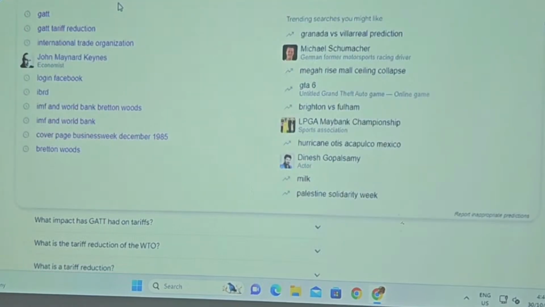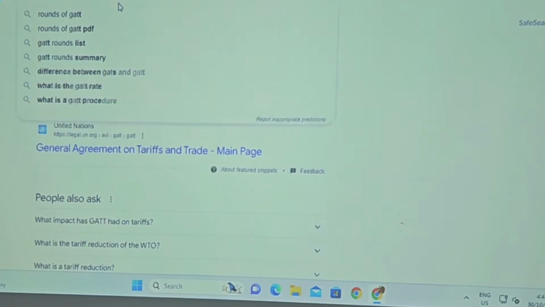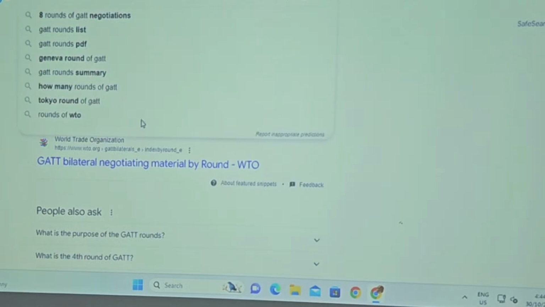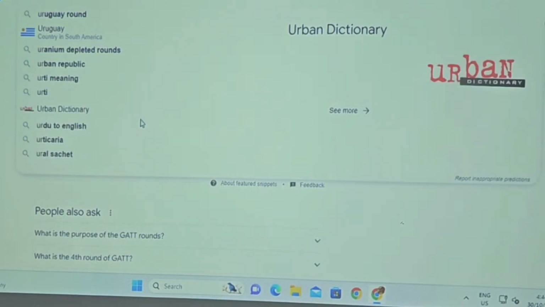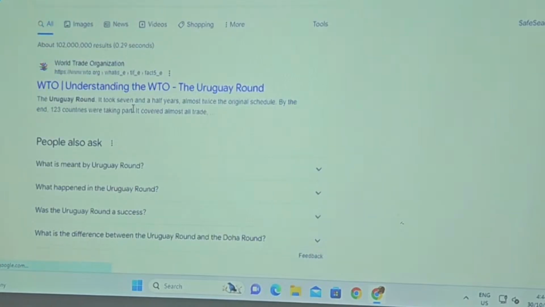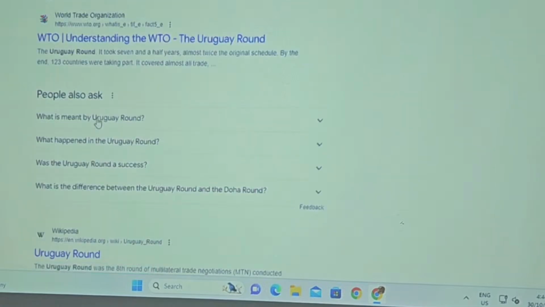So many rounds of GATT. Look at this: Geneva round, Annecy round, Tokyo round, Dillon round, Kennedy round, and finally the Uruguay round, which took a long time to conclude.